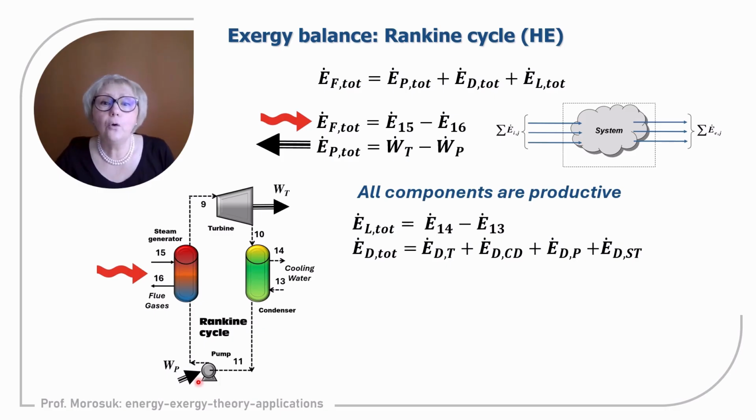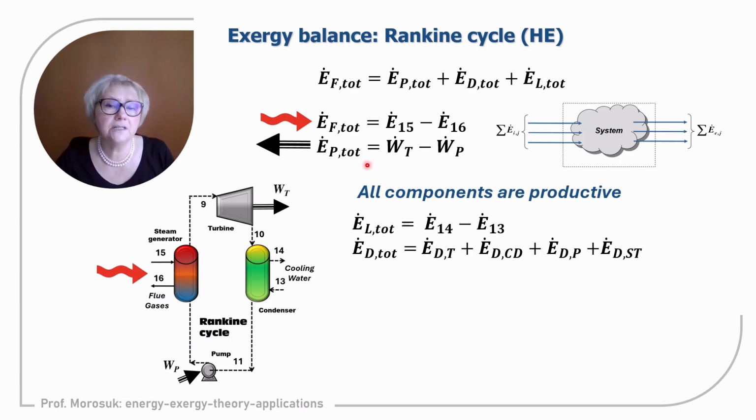So if all components are productive, then the fuel of the overall system will be the difference between the exergy of stream 15 and stream 16. This heat transfer also will be calculated as enthalpy 15 minus enthalpy 16. So here in exergy terms, I repeat, exergy 15 minus exergy 16.